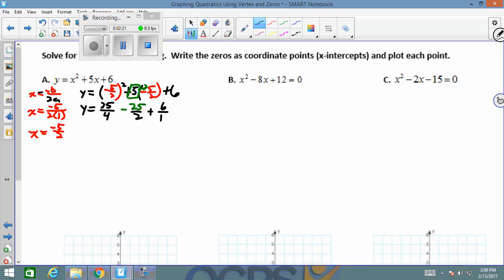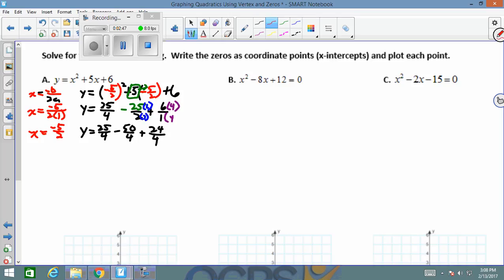Remember, when you add fractions, you have to get a common denominator. You're going to make all the denominators 4. To do that, we're going to multiply this by 2 and this by 2, and the bottom one by 4 and 4. So I'm going to get y equals 25 over 4 minus 50 over 4 plus 24 over 4. When you do this, you add only the tops.